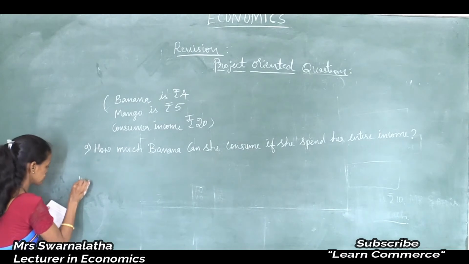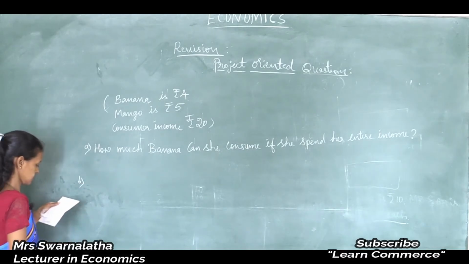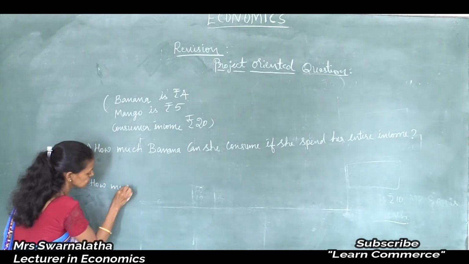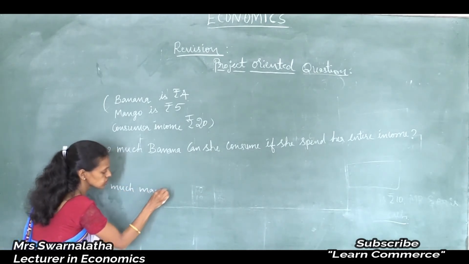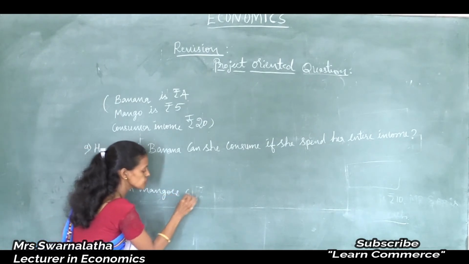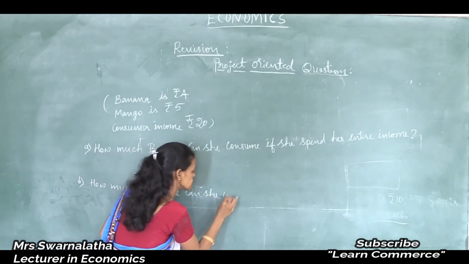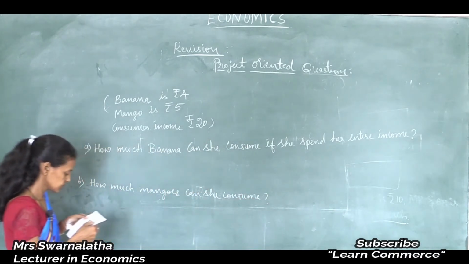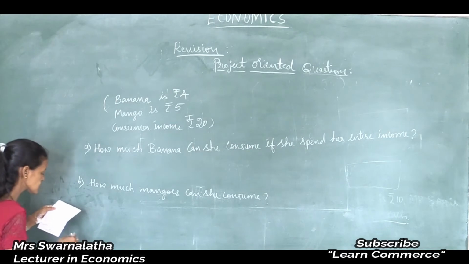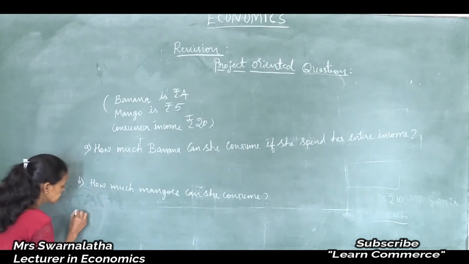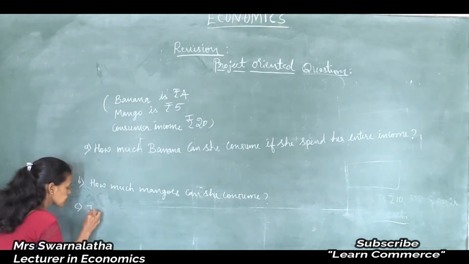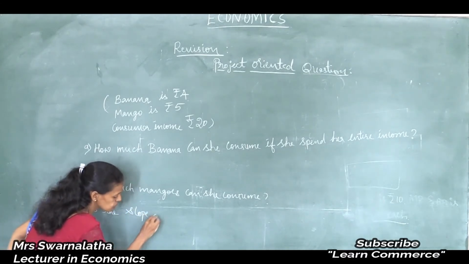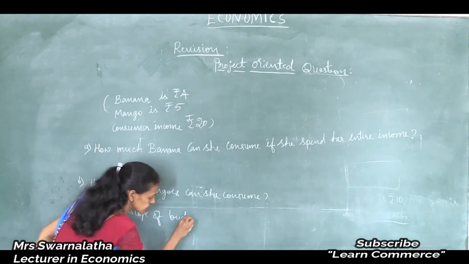The second question is, how much mangoes can she consume if she spent entire income on particular goods? Is the slope of budget line downward or upward?